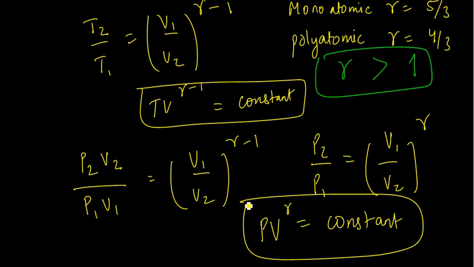Now, for an adiabatic expansion, PV to the power gamma is a constant, while for an isothermal expansion, PV is equal to constant. If I give you one pressure, which volume would be higher?